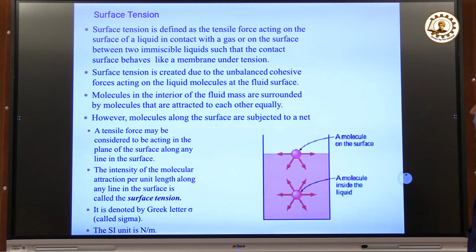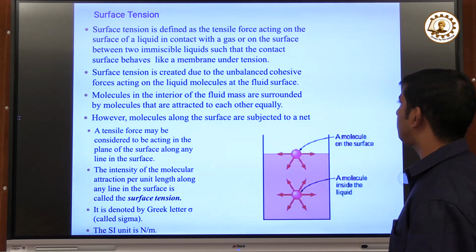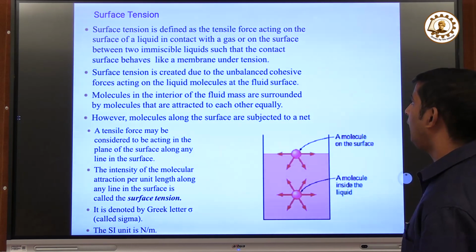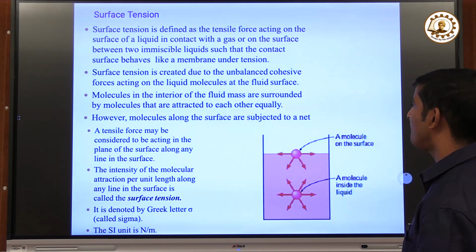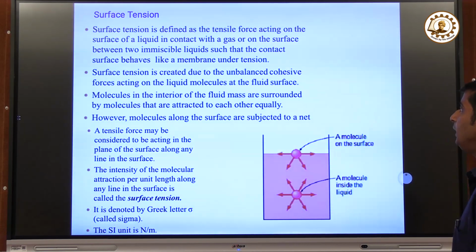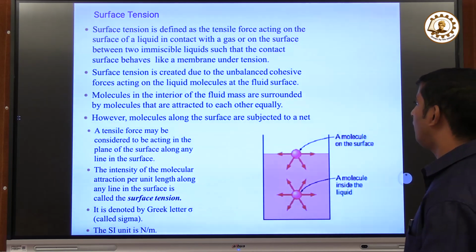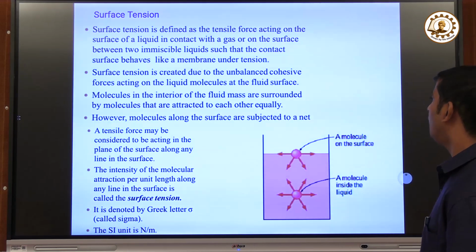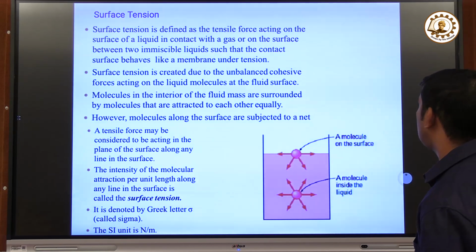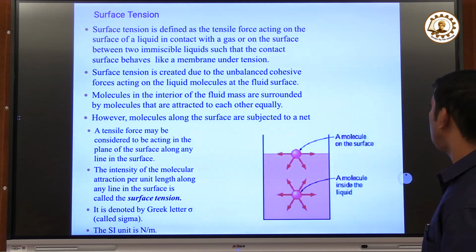The surface tension is created due to the unbalanced cohesive forces acting on the liquid molecules at the fluid surface. Molecules in the interior of the fluid mass are surrounded by molecules that are attracted to each other equally. However, the molecules along the surface are subjected to a net force.